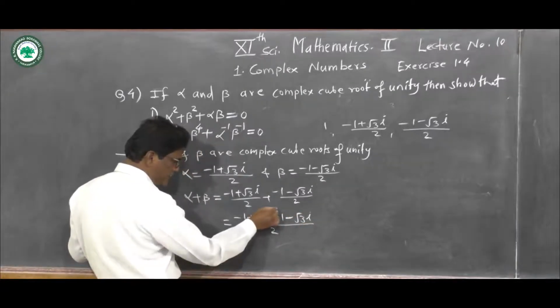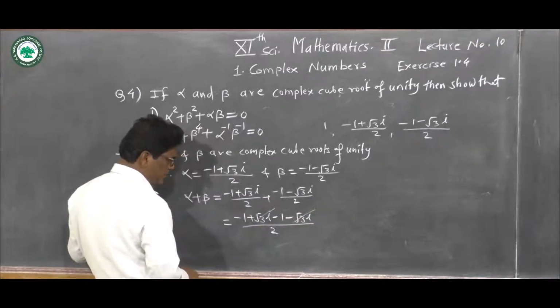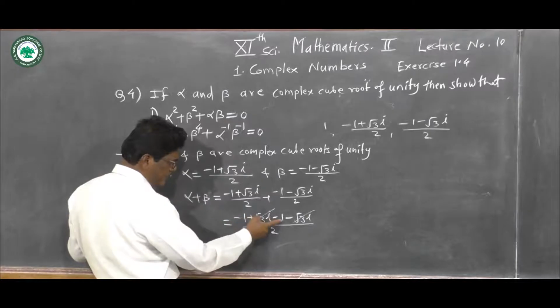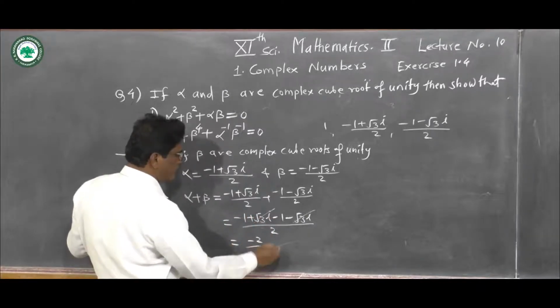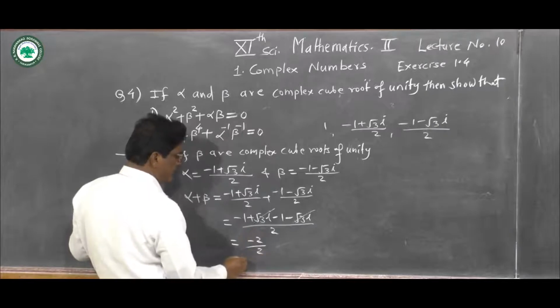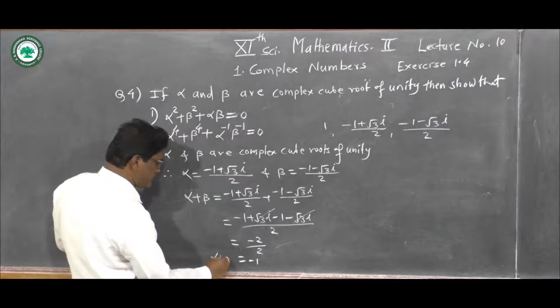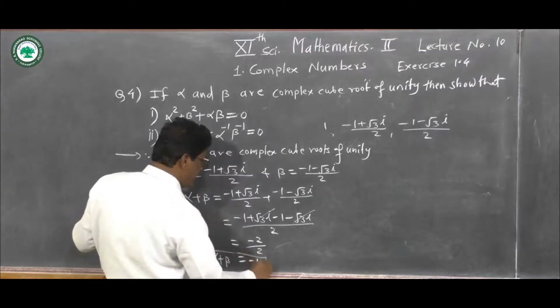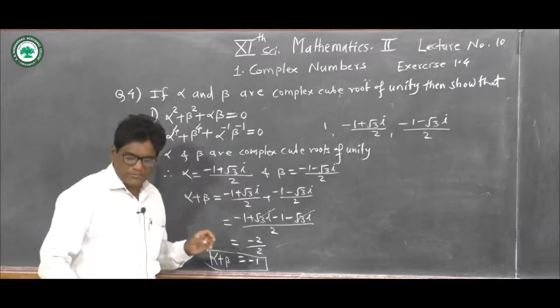Here plus root 3i and minus root 3i get cancelled. Minus 1 and minus 1 is minus 2 divided by 2. 2 get cancelled, so it is equal to minus 1. So we get alpha plus beta as minus 1. Now we take the product of alpha and beta.